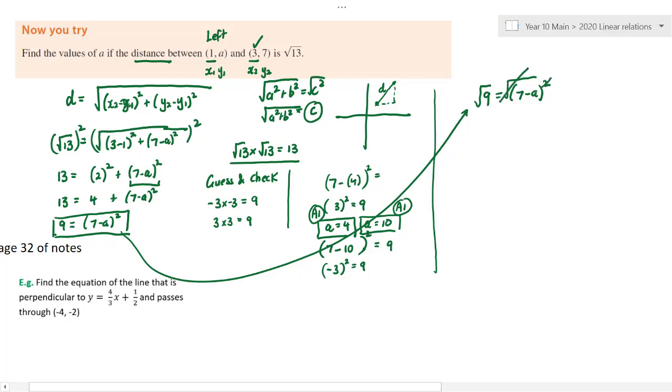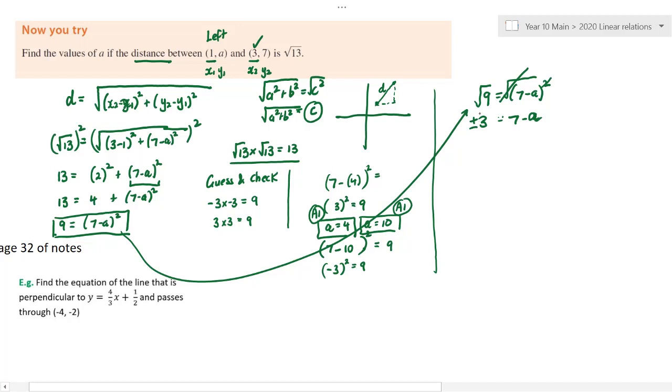The square root effectively cancels out that squared. So on the right-hand side, I've got 7 minus a, and the square root of 9 is 3, but as we discussed, there's a positive solution and a negative solution. That's where we can write plus or minus 3.